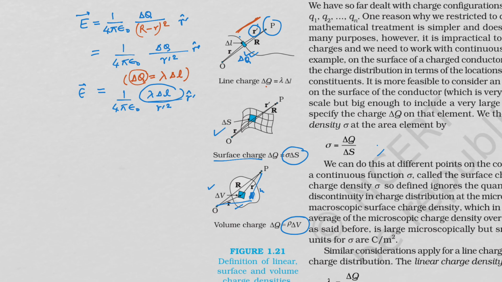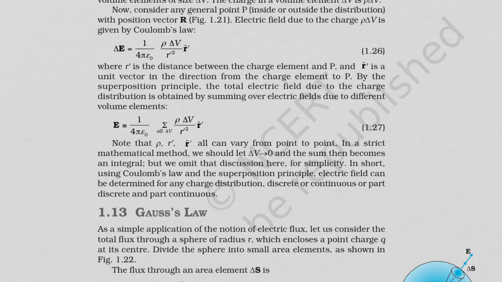So it will be very difficult to find the electric field due to a big chunk of charge distribution. In that big chunk of charge distribution, there are many points where the value of r and r dash will change. So it will be very difficult mathematically to find the solution of the electric field.